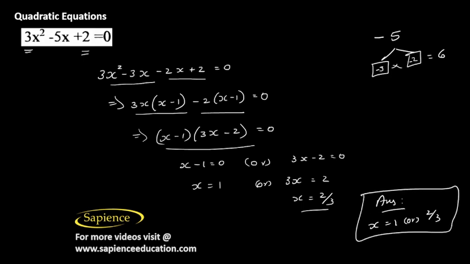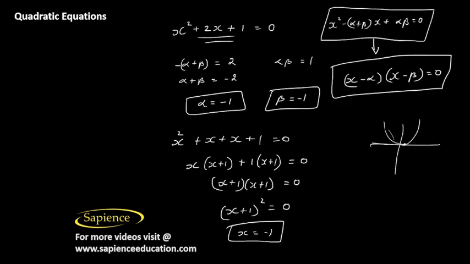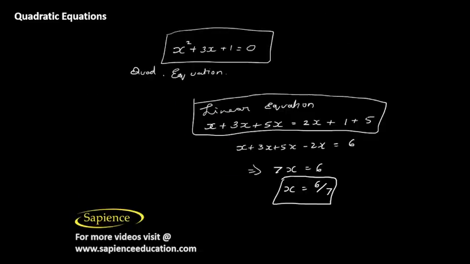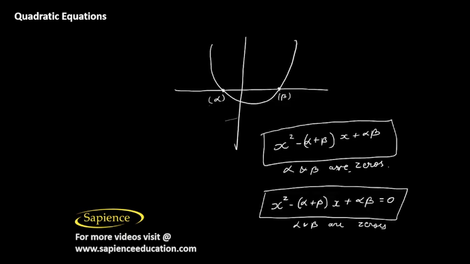Let's just see a quick summary of this entire introduction part. So a quadratic equation is a quadratic polynomial that's equated with any constant number or 0. Now in a quadratic equation there can be two solutions.